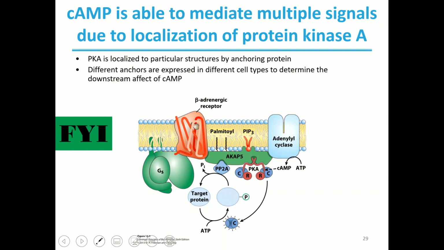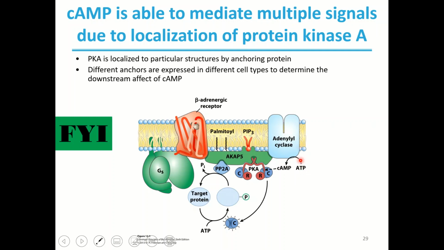It is in close proximity with the adenylyl cyclase and a beta adrenergic receptor via these protein complexes, and this is really more complicated than we need to get into in this class, but you can think of it as PKA being in very, very close proximity to adenylyl cyclase.